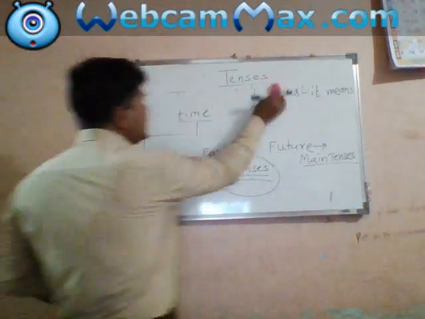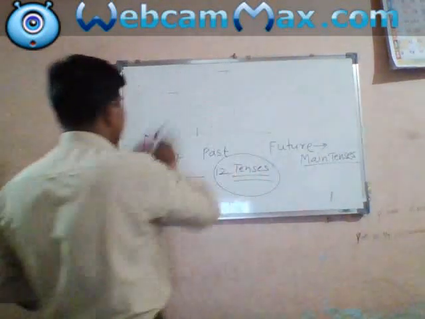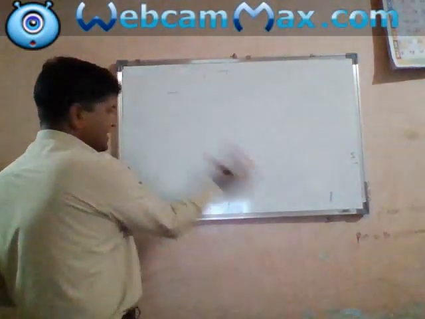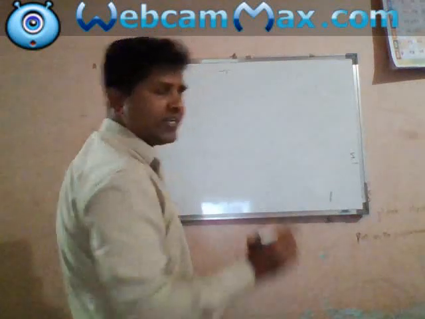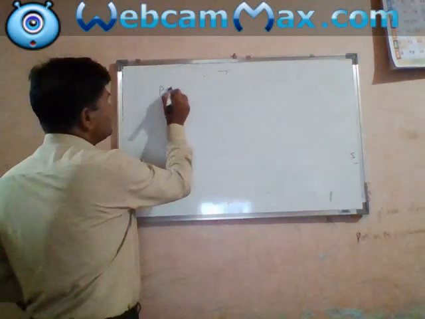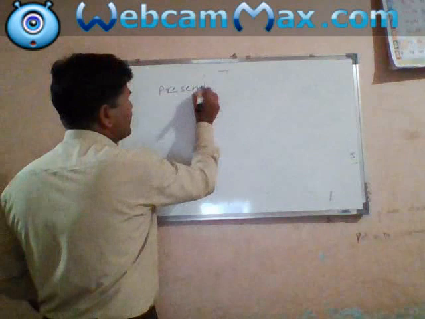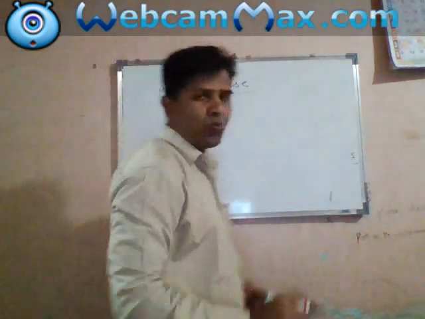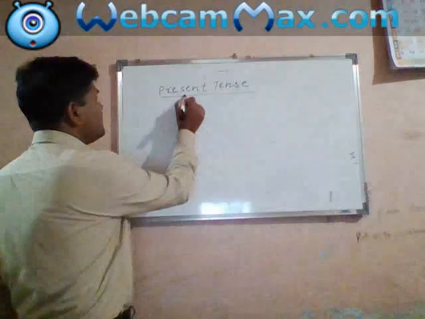Now, see here, dear children, which are those 12 tenses? Very first, present tense. We know present tense. It denotes now. And it has 4 subtypes.